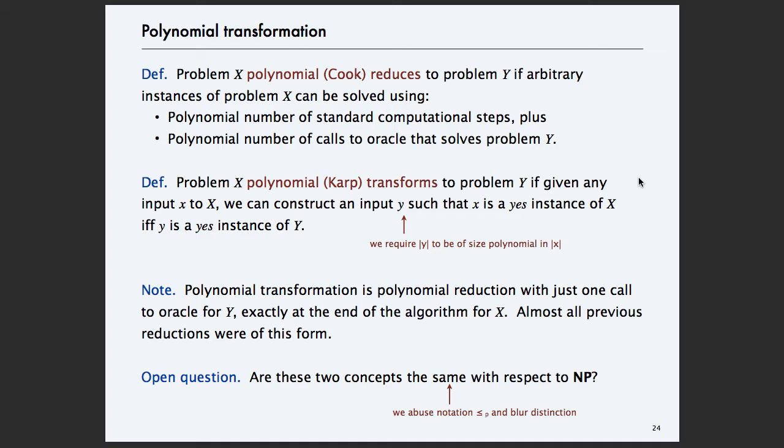Polynomial Karp transformation: given any input x to the problem X, we can construct an input y such that both the construction and the size are polynomial in x, such that x is a yes instance of X if and only if y is a yes instance of Y.